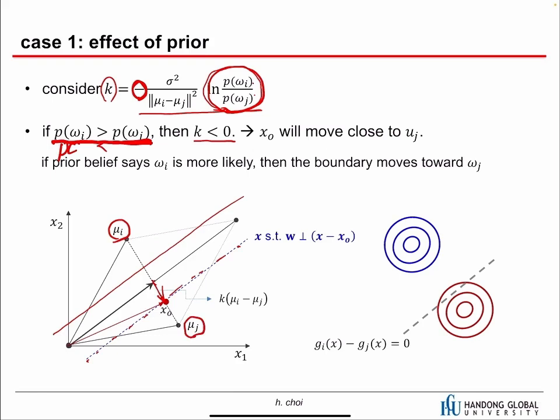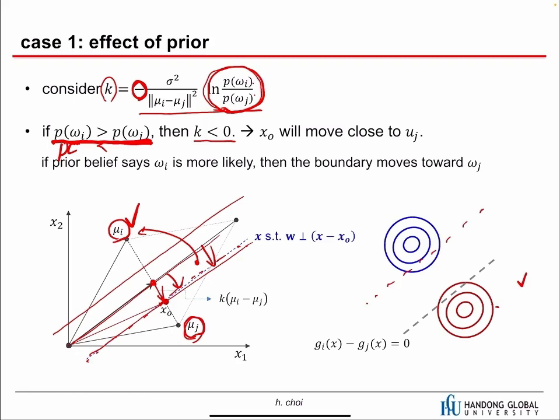So the boundary is moving from here to here, which means if x is around here, then we will classify this one into class j. So if we have a preference to this class, then we move this boundary toward this class, something like this one. If we have a preference to this class, then the boundary will be like this.